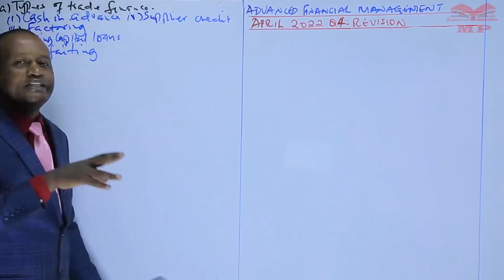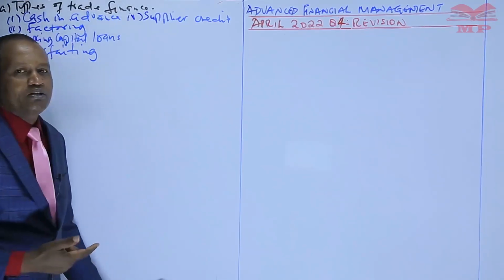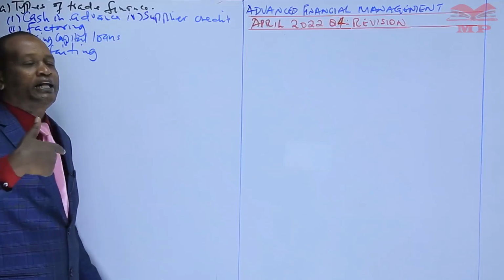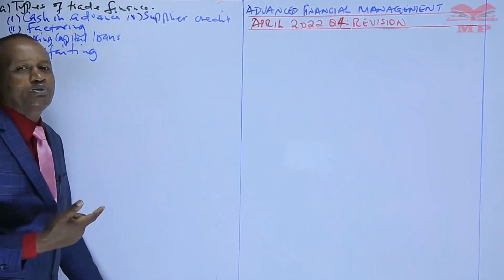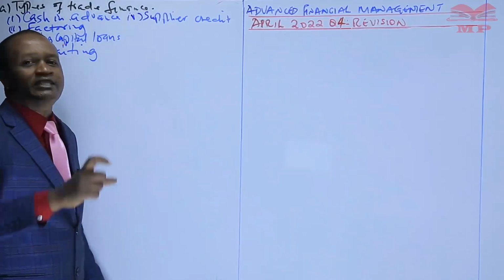And its structure is determined by the time span of the credit. It is determined by the size and the buyer's country, as well as the method of payment agreed in the sales contract.